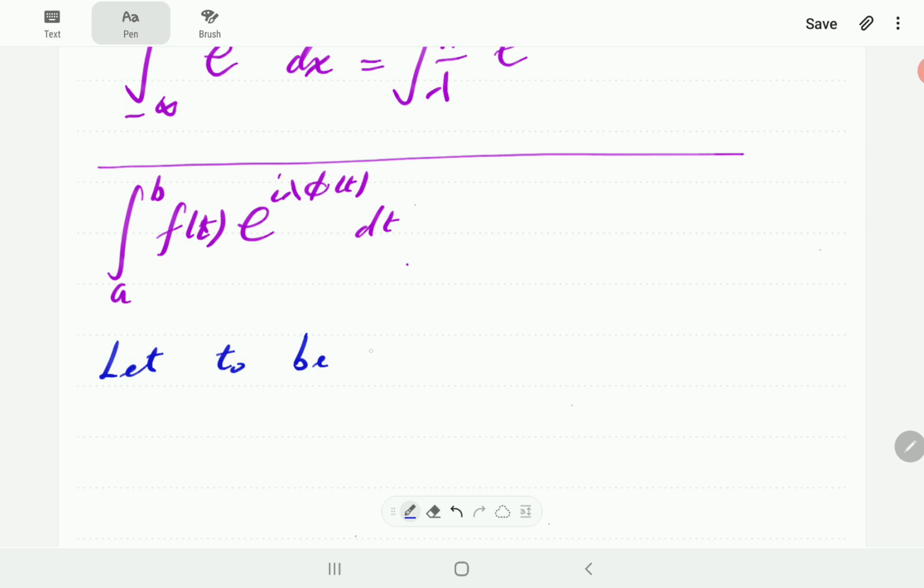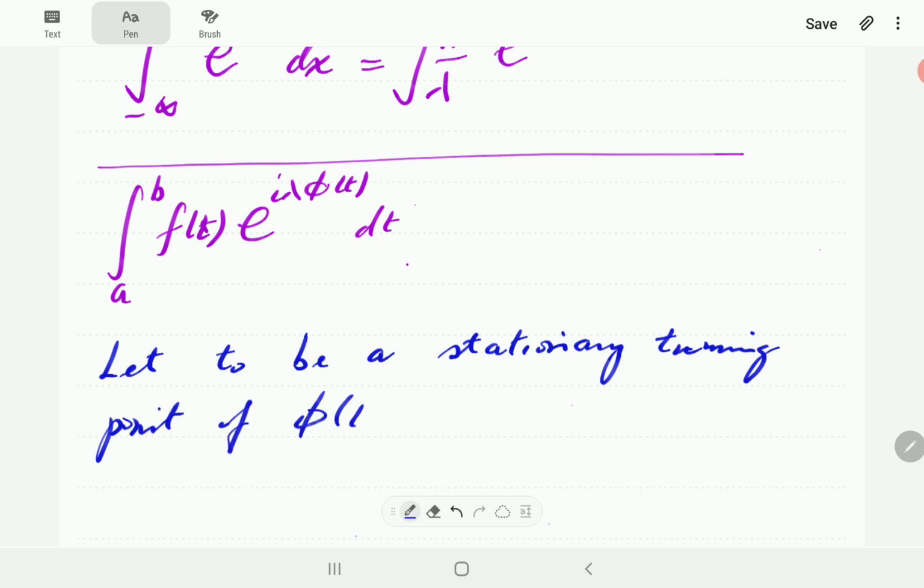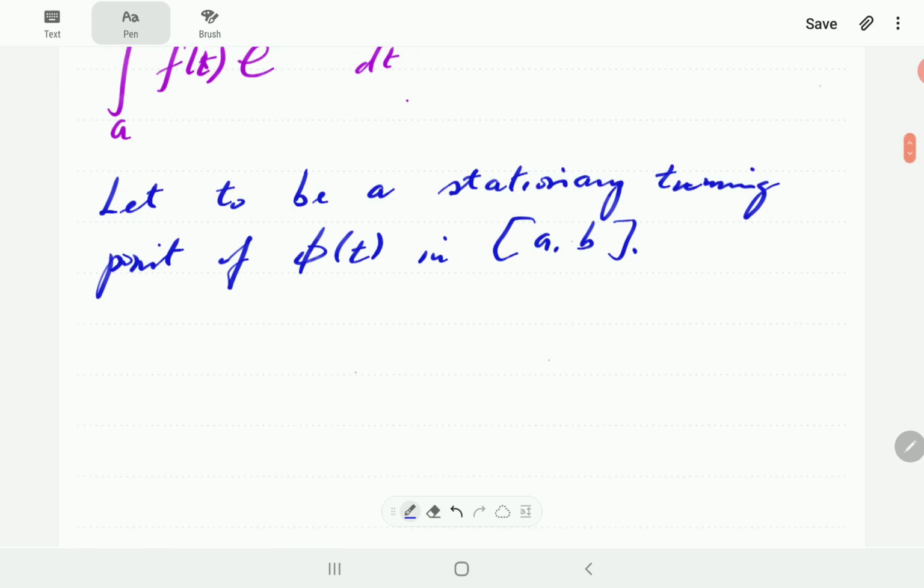Let t naught be a stationary turning point of phi of t, which is in the interval a to b.